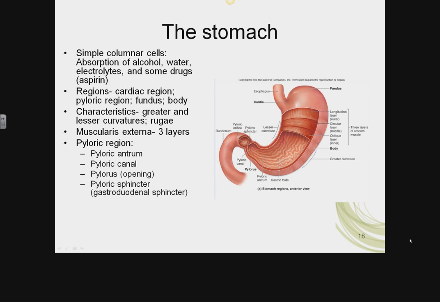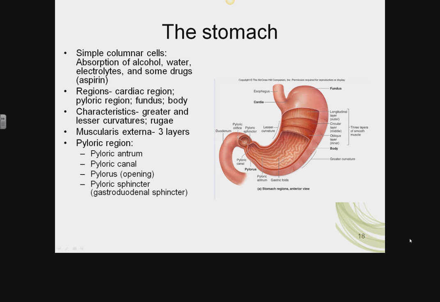There are also curves to the stomach. There's an inferior convex curve, and that's the border of the stomach. The inferior convex border is the greater curvature, whereas the superior concave, or indented region, is the lesser curvature. That would face towards the liver.